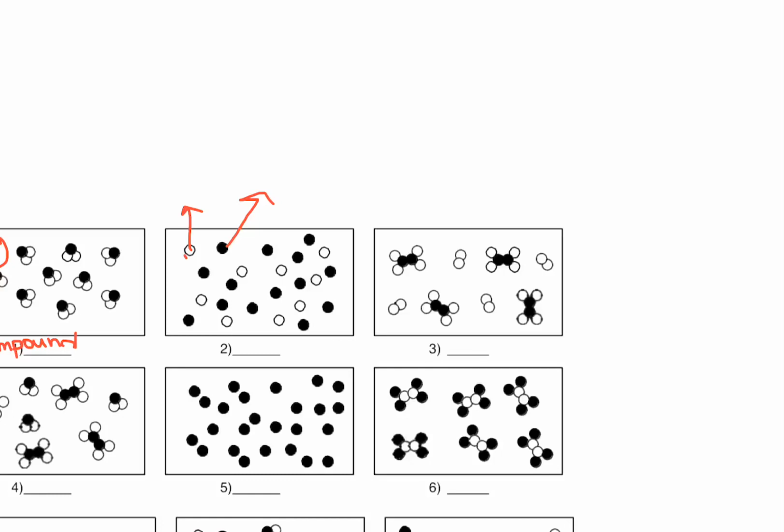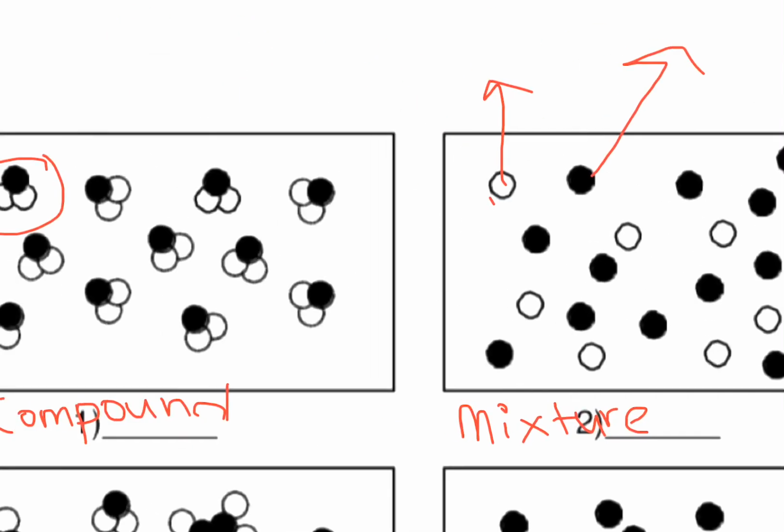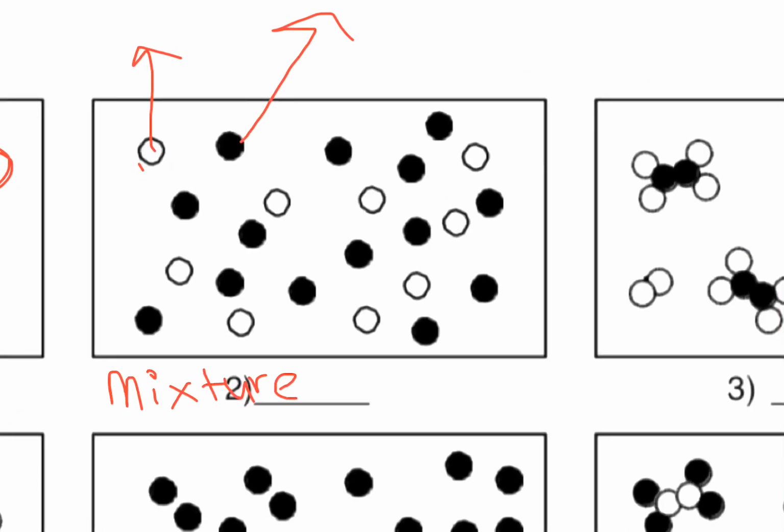So they are physically combined, which means that this is a mixture, because there's no chemical bonds. Chemical bonds means that they will occur like this. They're glued together. Here they're not glued together. So this is a mixture of elements. So you have one element here and the second element here.